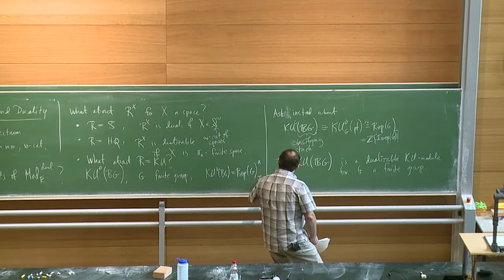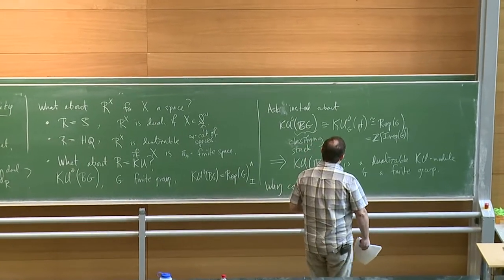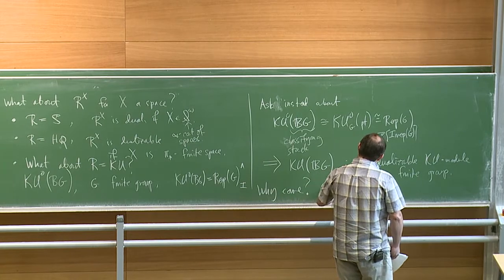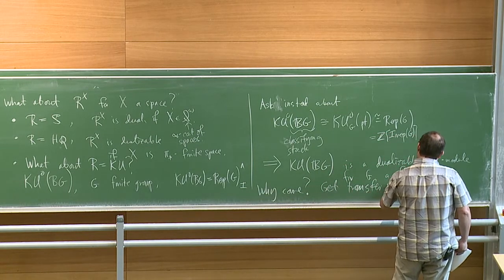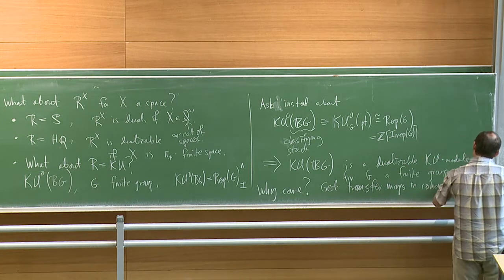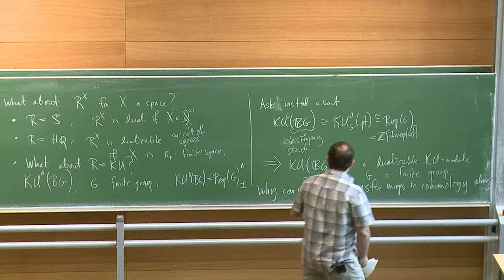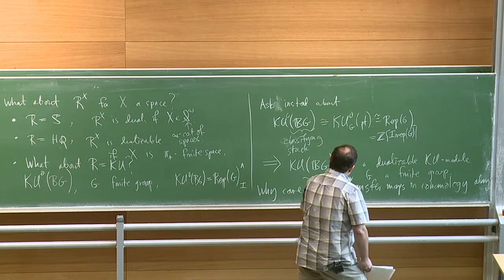Why do we care about this? Well, when we have something that's dualizable, we get transfer maps. We get transfer maps in cohomology along, let's say, maps of spaces.